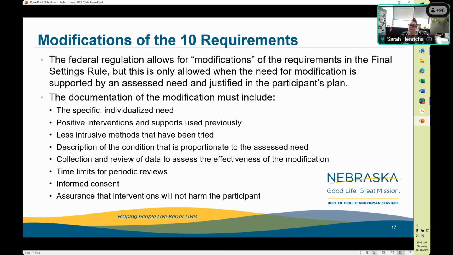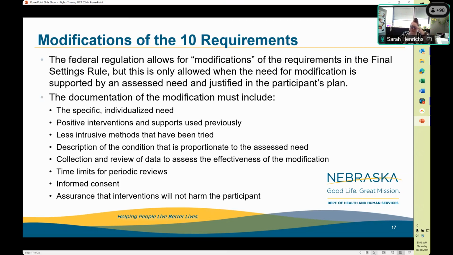Any restriction used must be based on an individual person's need with the accompanying documentation. So if we're going to deviate from the final settings rule, if we are going to modify how we comply with it, it can't just be done as part of a rule in a lease or as a provider-wide rule at their day site.